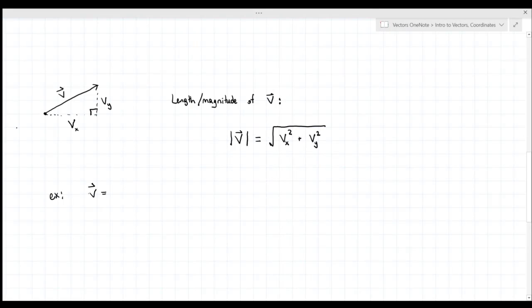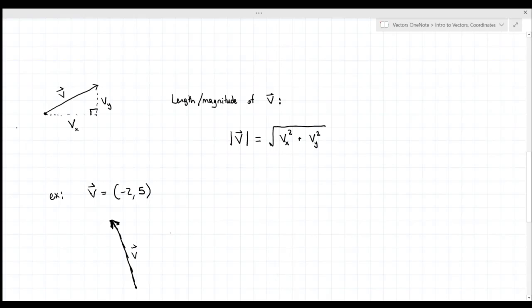All right. Then just as a quick example, if I have the vector v, and let's say its components are -2 and 5, let's draw a picture of this guy. It's 2 in the negative x direction, and then 5 in the positive y direction. So this is what the vector v would look like.